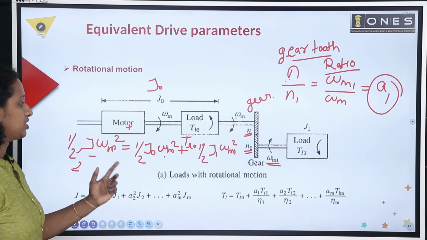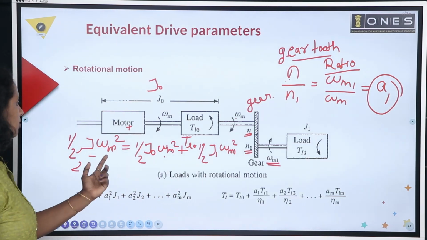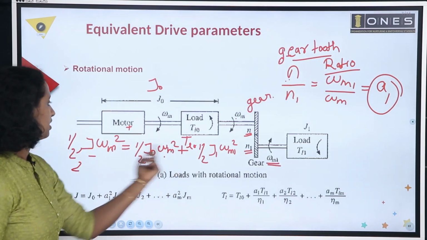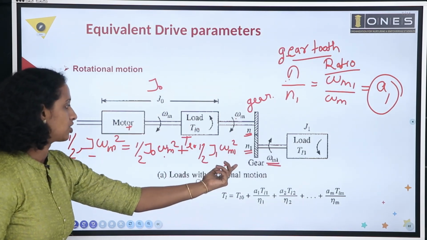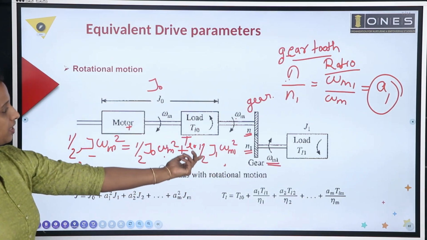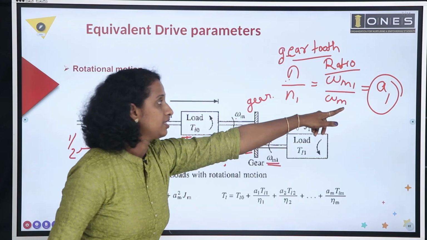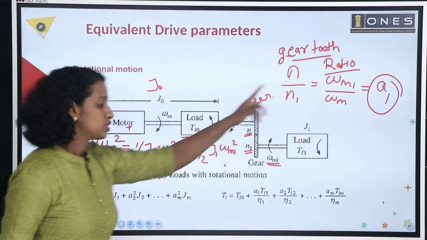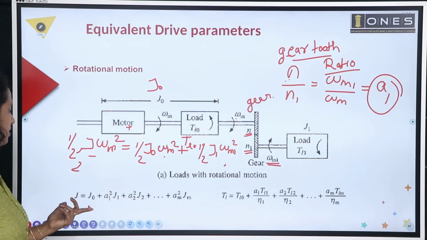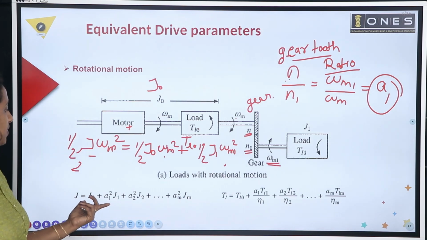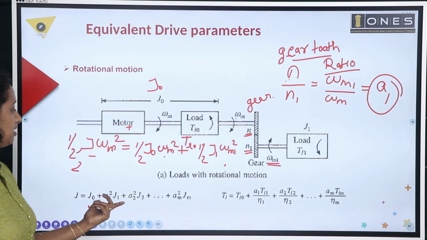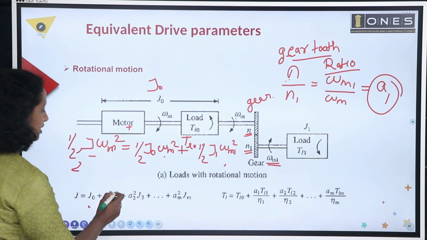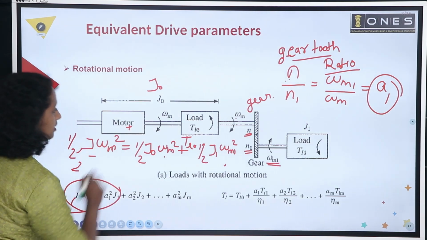When you rearrange this equation, you can see that it will be omega m1 by omega m all square. omega m1 by omega m is the gear tooth ratio, that is A1. So finally you will get this equation: J equal to J0 plus A1 square J1. A1 square J1 is how far it goes in this particular case.